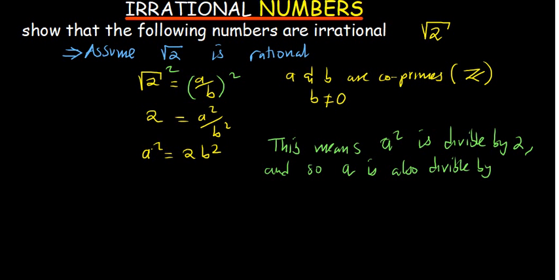Now, if I say 4 is divisible by 2, this means there's a certain number that I can multiply with 2 to get 4.